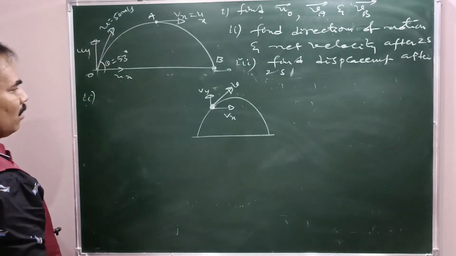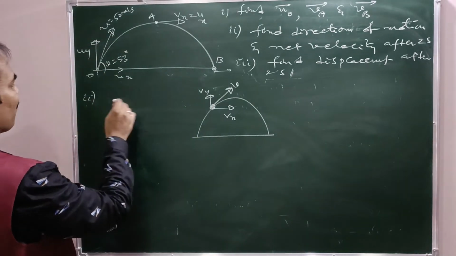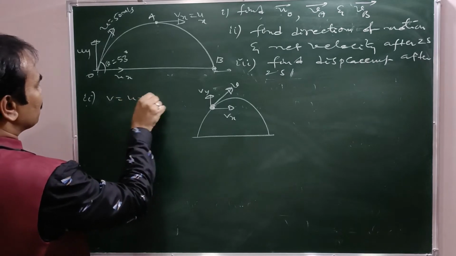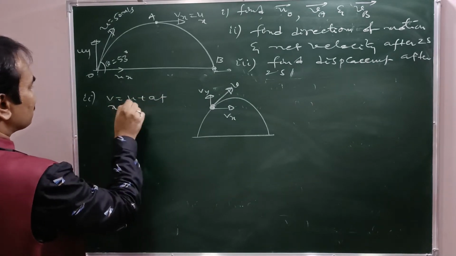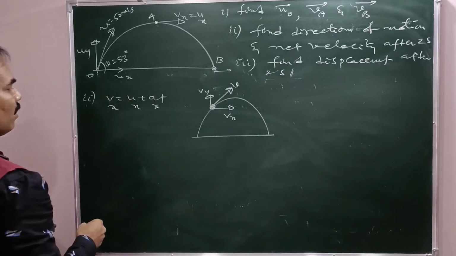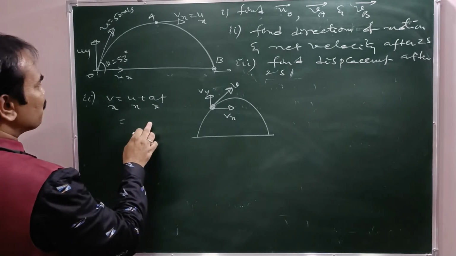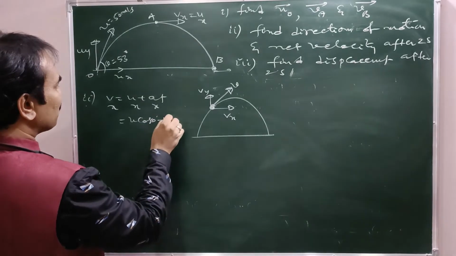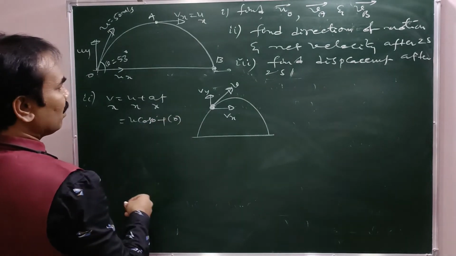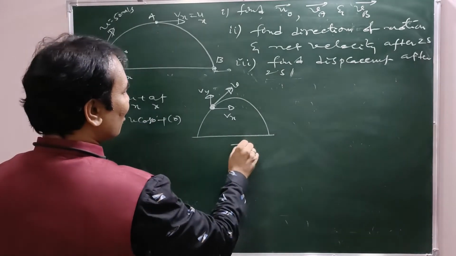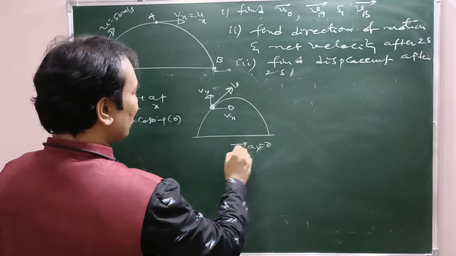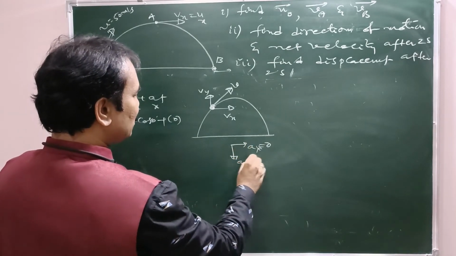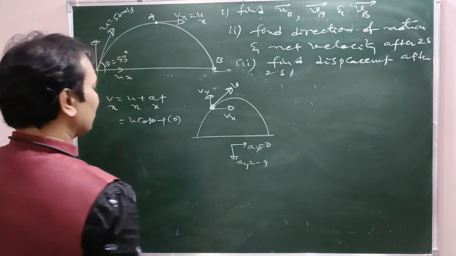Now take horizontal velocity. V equal to U plus At, that is Vx equal to Ux plus Axt. Vx means U cos theta. Thus Ax means 0, along horizontal the acceleration is 0. Along vertical, Ay is minus g, as usual.